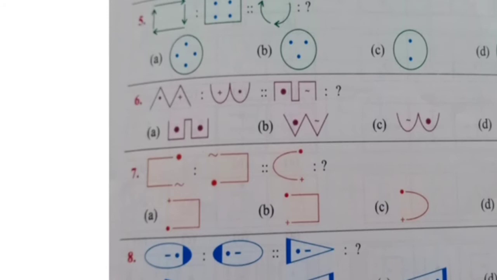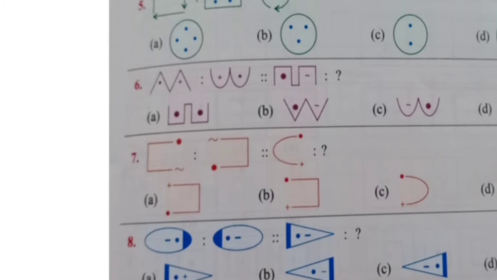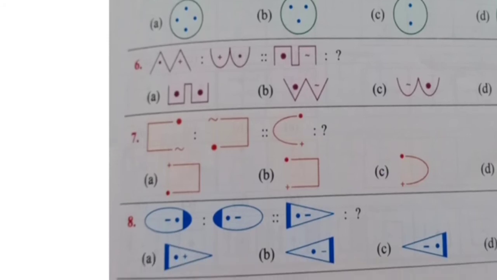Similarly, we have to find the answer for C. The dot is shown on the upper side and the plus sign on the down side. So our correct option will be D, because we have to see the cross one. Plus should be up and dot should be down. D will be our correct answer.